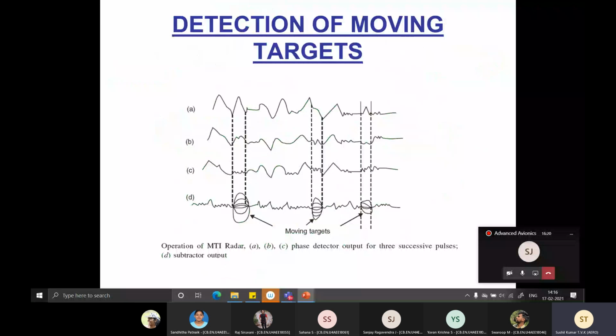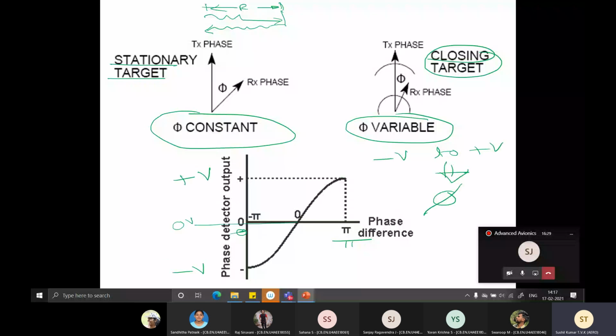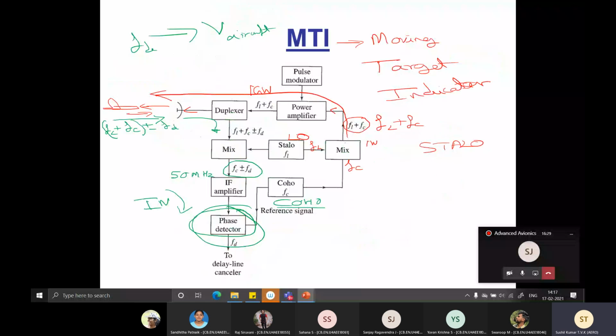Now I'm going to ask you this question. Okay, now I have a phase detector. How can I differentiate between a moving target and a stationary target? Some scheme you can suggest by which we can differentiate these two targets.